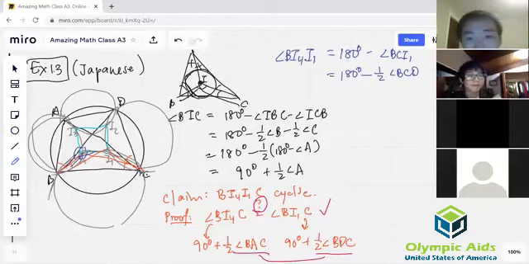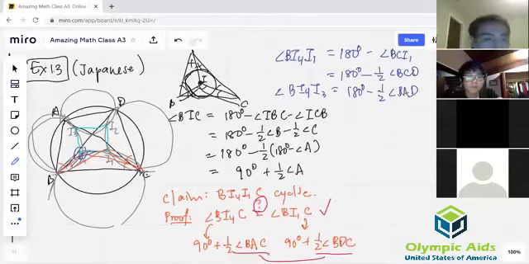And then we can do the same thing over here. Angle BI4 I3 is equal to 180 degrees minus 1/2 angle BAD. That's the same thing on the other side.